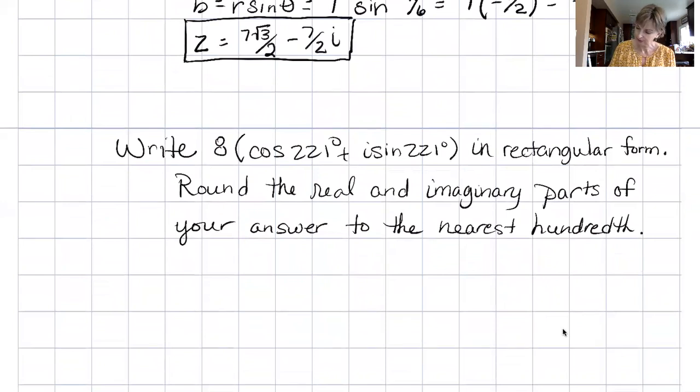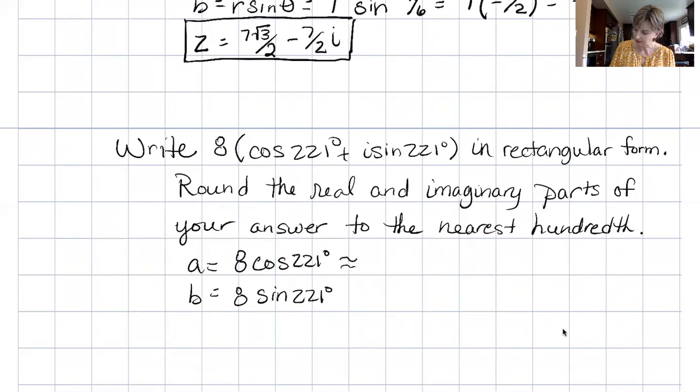Okay, so A and B are going to be 8 times the cosine of 221 degrees, and 8 times the sine of 221 degrees. You're going to grab your calculator, and we're going to round to the nearest hundredth.